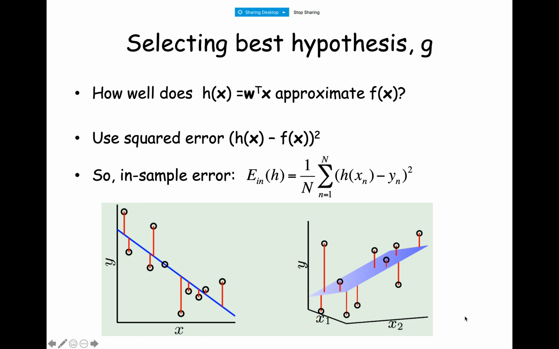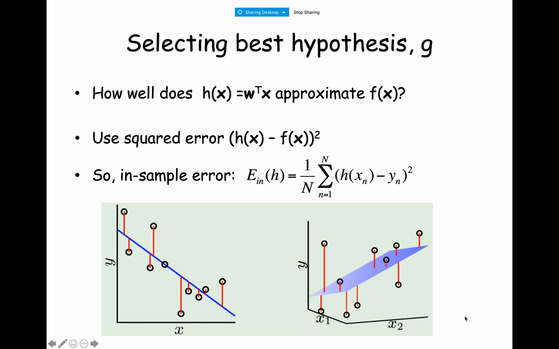Does that make sense? If we project this point along the y-axis, this is yi, the real valued label associated with xi, such that all the y's are from the set of real numbers. Any questions about this?